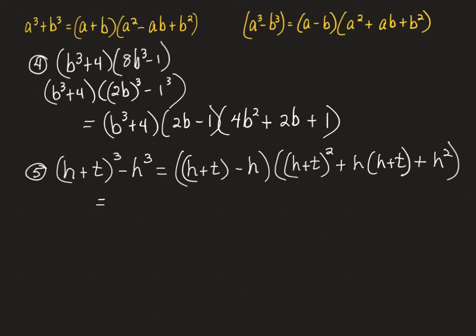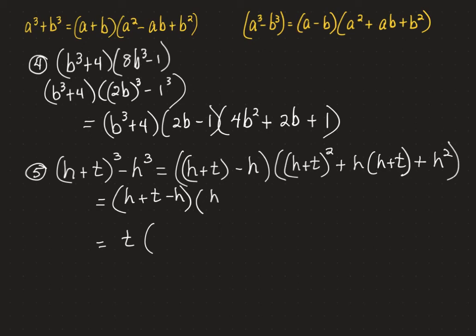Now let's simplify. If we remove the parentheses inside the first term, we can see that's going to simplify a lot. Let me go ahead and take it down to the next step to show you that. There it is. h minus h is 0, leaving you just t and whatever else we have here. So let's see what we have. If we square h plus t, that's multiplying h plus t times h plus t.